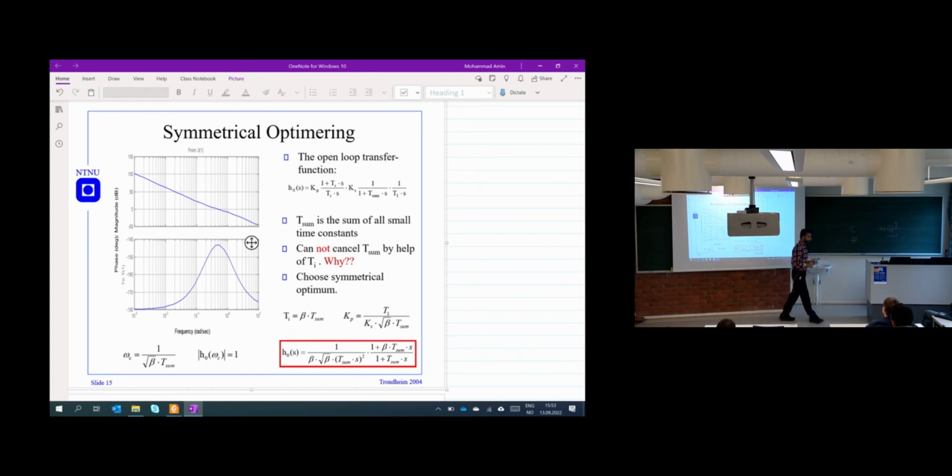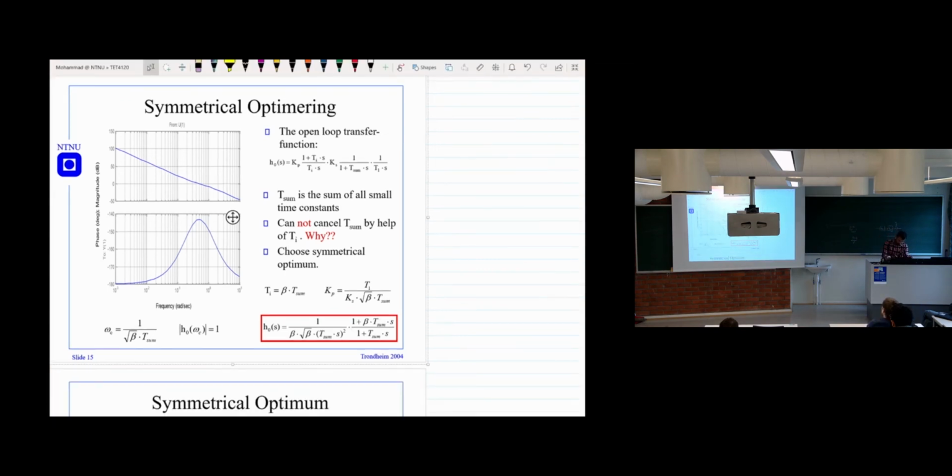If you cancel these two parts, then what do you see in the denominator? What you have is only one integrator here and another integrator here in the open loop.